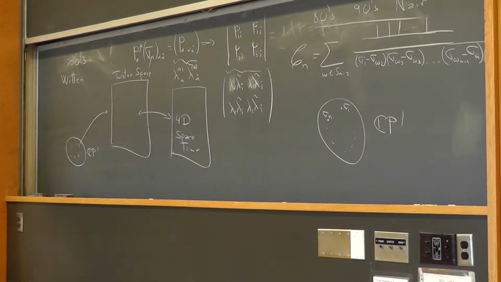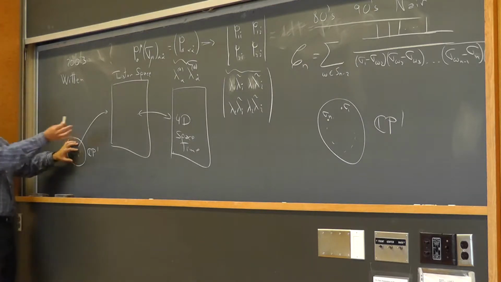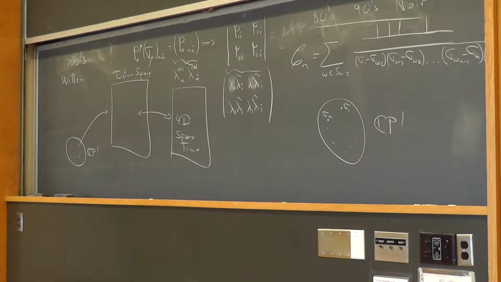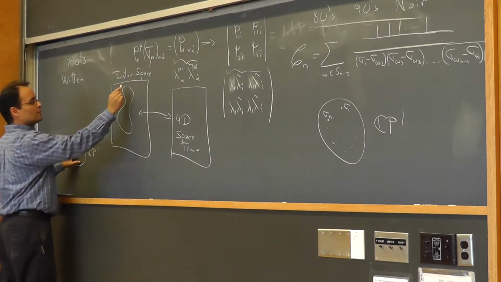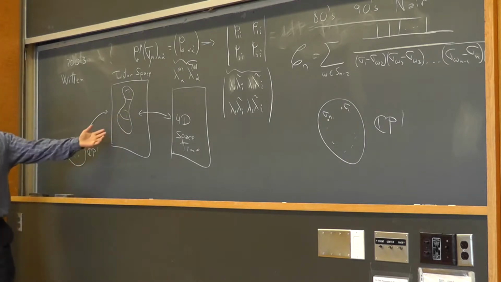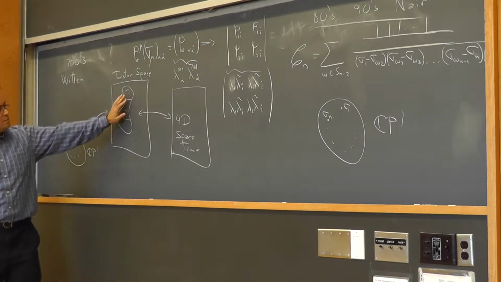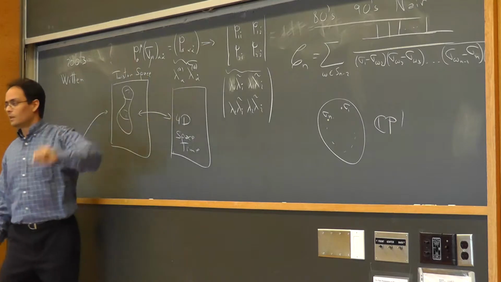Okay? So if you think about this sphere as the worldsheet of a string theory, and just by the standard rules of a string theory, you map it into a target space, so this sphere will go into a target space. You will get an object here that can then be translated into the correct scattering amplitude.